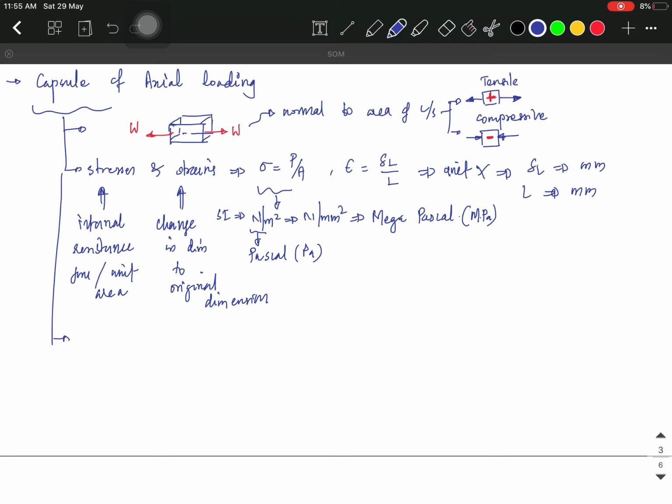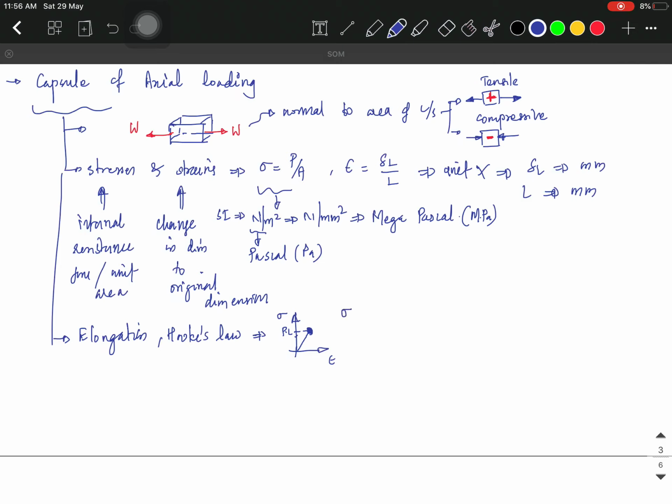And then we have dealt with some terms called elongation, Hooke's law. It was experimentally determined that for some structural materials, stress is directly proportional to strain up to a certain limit. We can draw it like this, and this limit of stress is called the proportional limit.